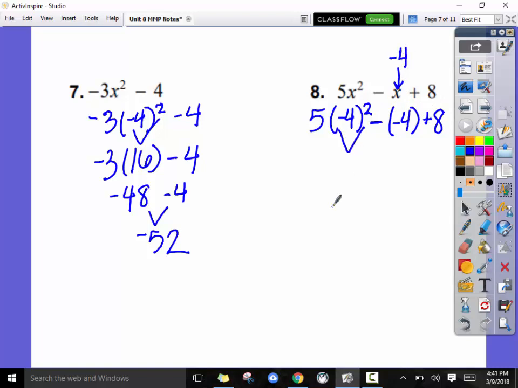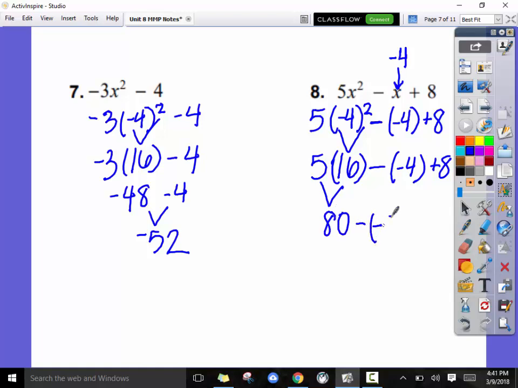So negative 4 squared is negative 4 times negative 4, which is 16. 5 times 16 minus negative 4 plus 8. 5 times 16 is 80, minus negative 4, plus 8. Minusing a negative is the same thing as adding. So 80 plus 4 is 84, plus 8 is 92.